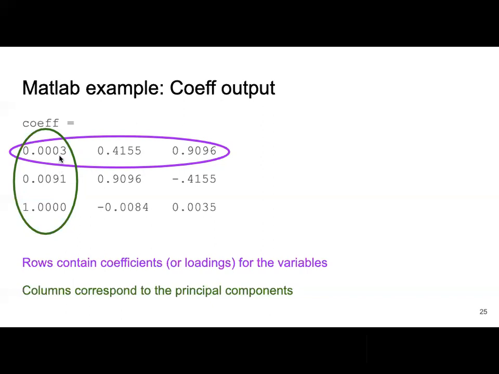So the columns are the components. Whereas the second component has the greatest loading for intensity, followed by F0, and then a very small contribution of duration. And so on. I'm going to come to a way that you can plot this that makes it easier, but it's just good to know how to interpret the raw output.